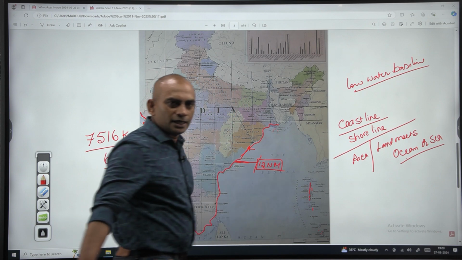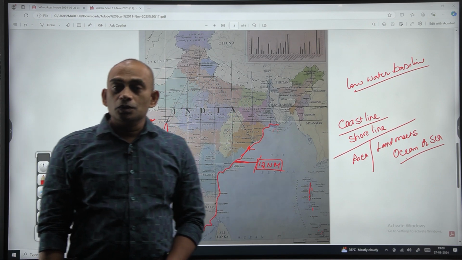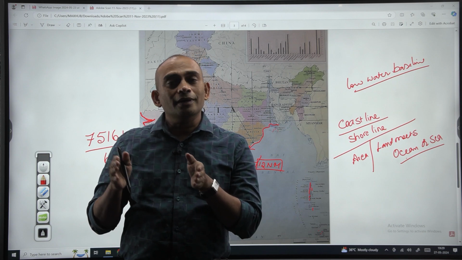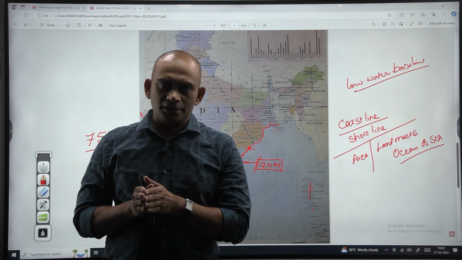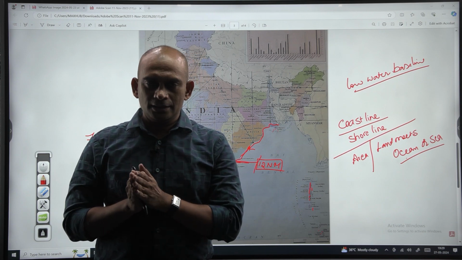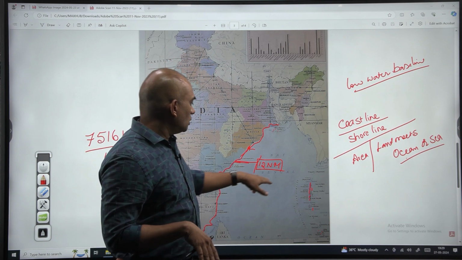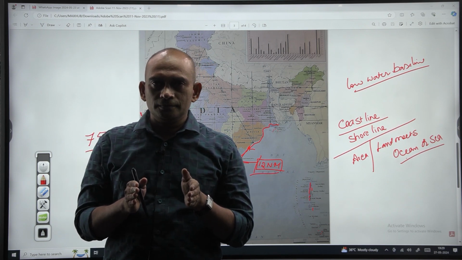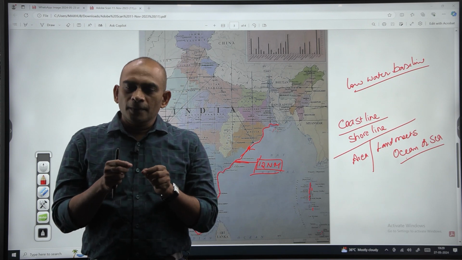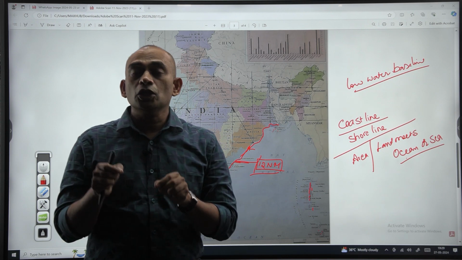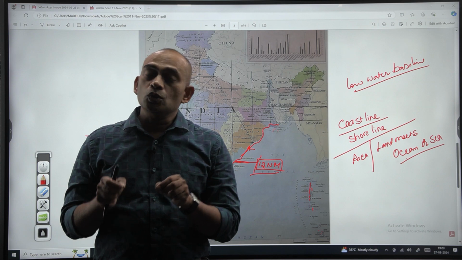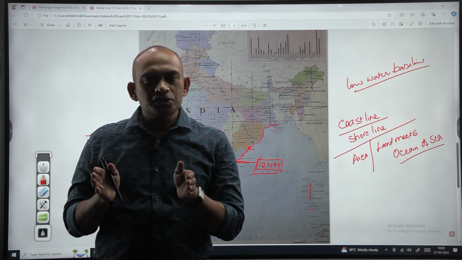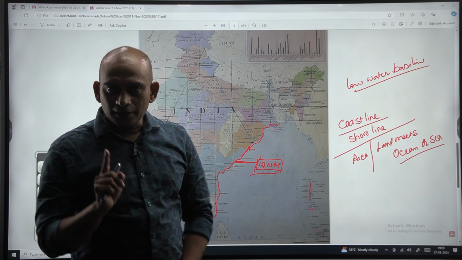12 nautical miles. Generally, on land we calculate with kilometers and also miles. But when we talk about water, we generally measure the length with nautical miles. So what is the actual measure of a nautical mile?